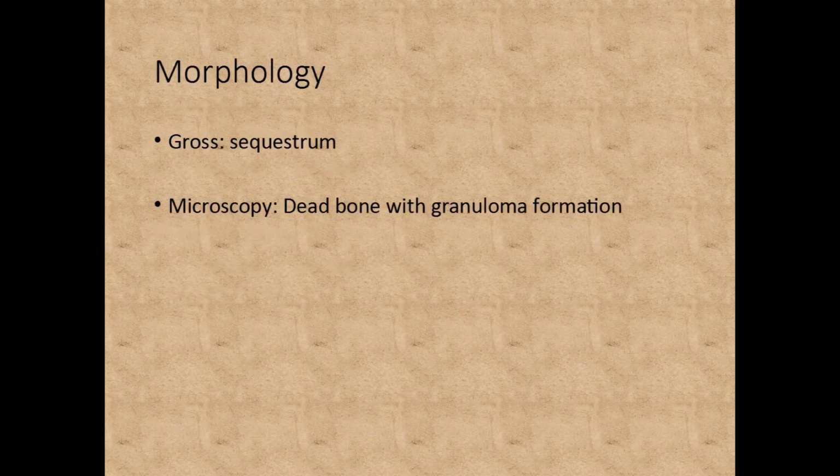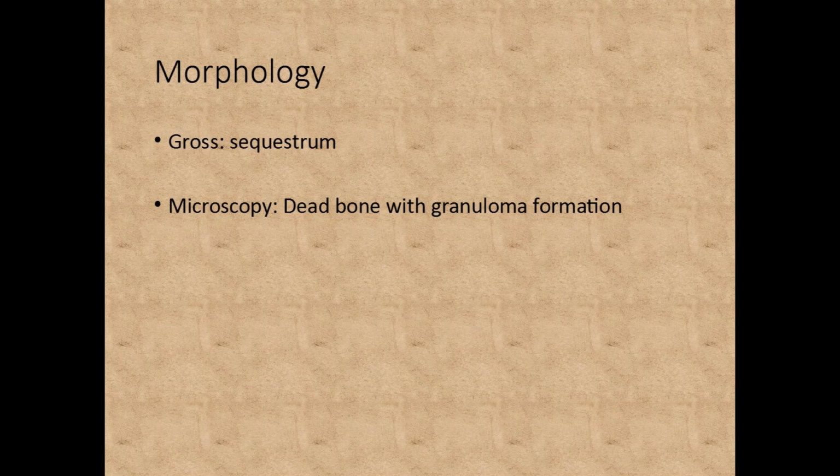Gross morphology wise, there is not much difference between tuberculous and pyogenic osteomyelitis. However, in microscopy, instead of the numerous neutrophils that you saw along with the exudate in pyogenic osteomyelitis, here you will be seeing granuloma formation, because tuberculosis causes granulomatous osteomyelitis, right?